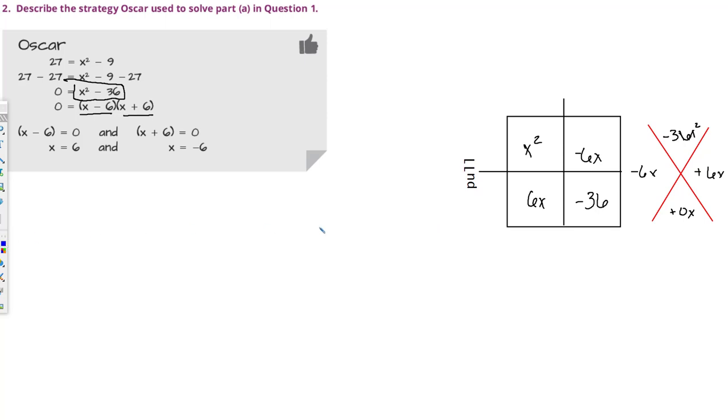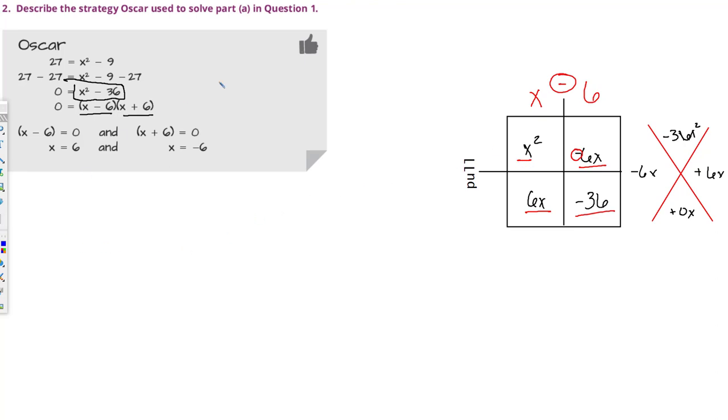And so when I'm looking through this, what can be brought out of both x squared and 6x? The x. What can be brought out of negative 6x and negative 36? A negative 6, because the sign closest is negative.